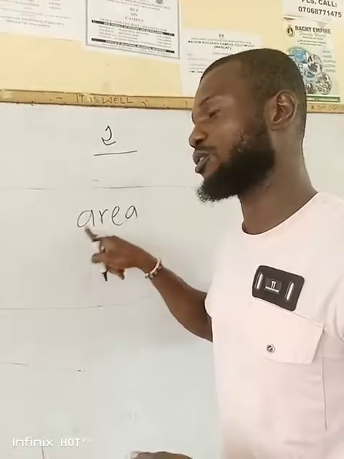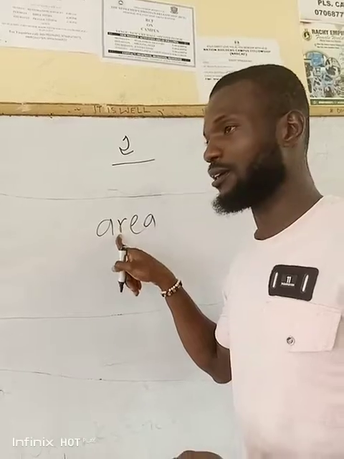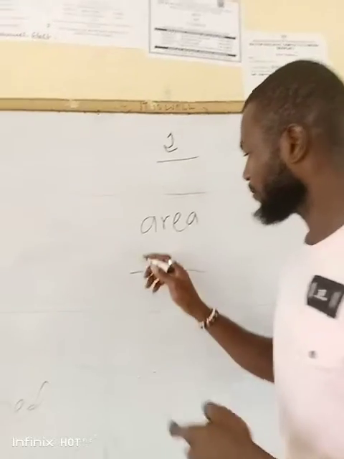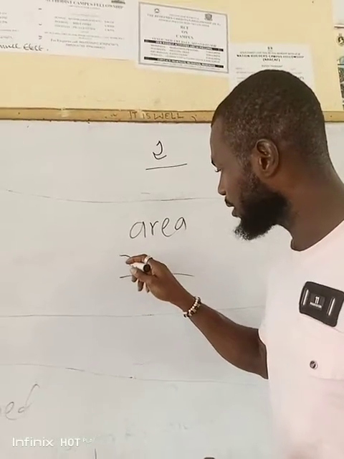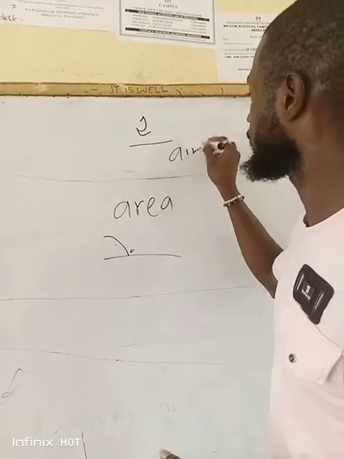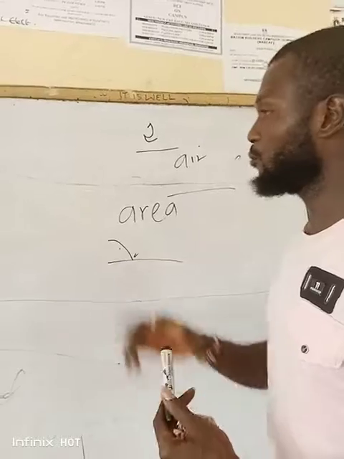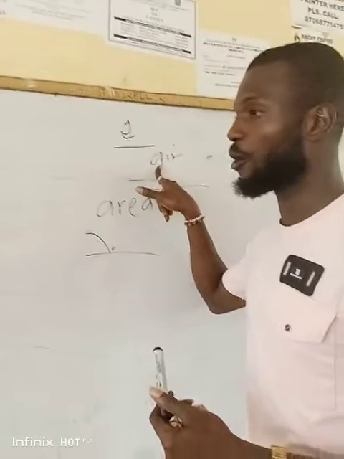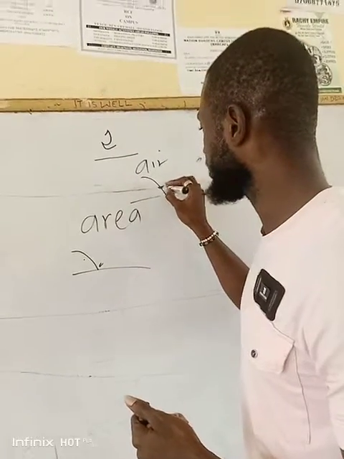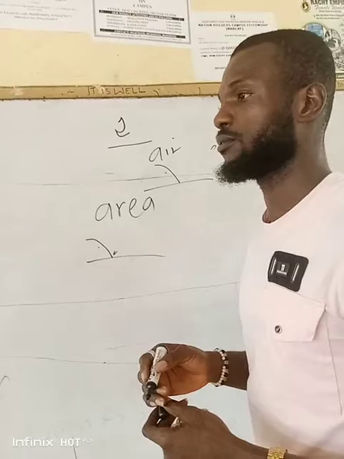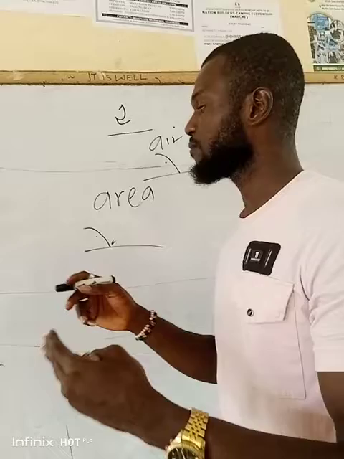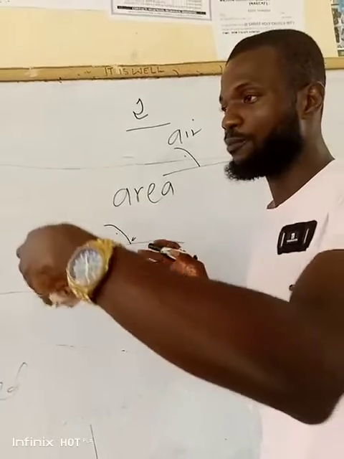The word started with a vowel, and it's immediately followed by R. So R will come down. Area, to be on the line. A, then R. You have another one, air. R will come down because there's an initial vowel before it. Air on the line, air sound. That is when R comes down: when there's an initial vowel before it.